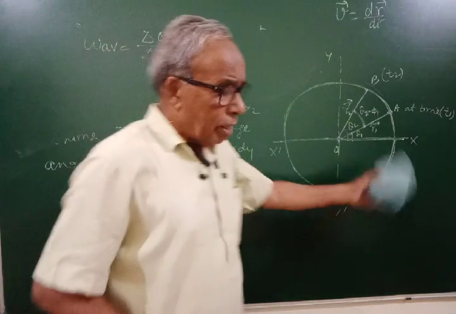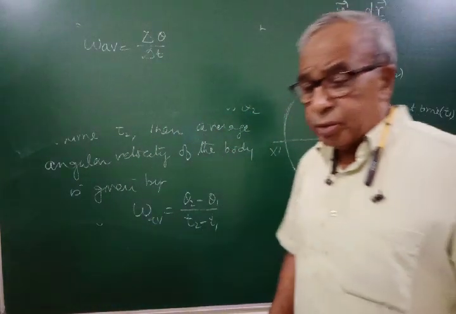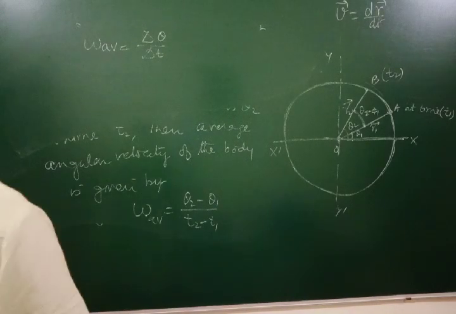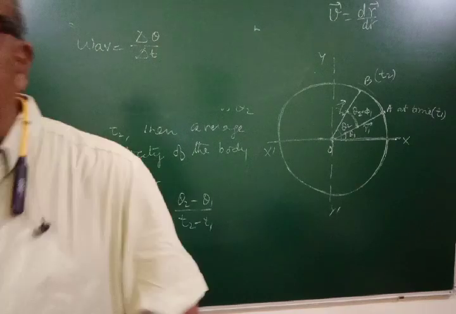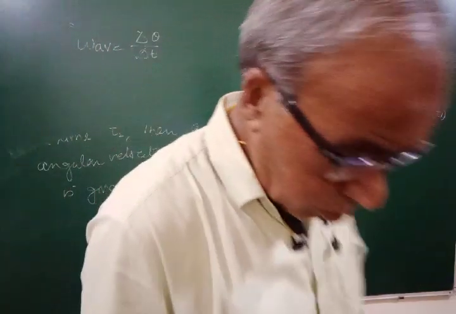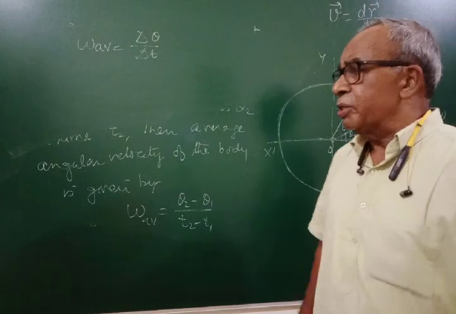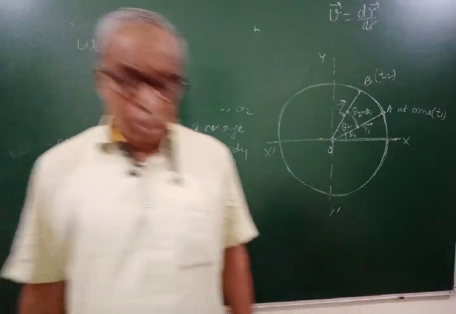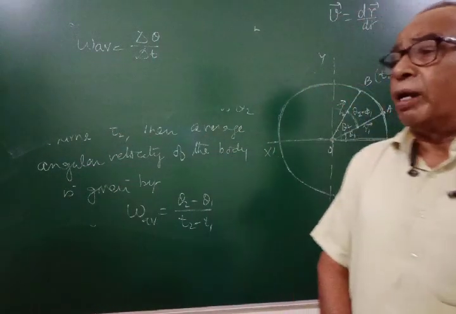I have explained at some length, you may feel it is a little lengthy, but to understand the facts we have to go into it completely. A fellow met me one day before, and he was appreciating that you have started a YouTube channel. But sir, he said, please don't teach as usual.